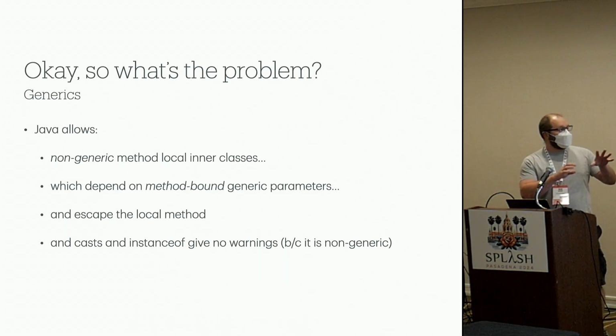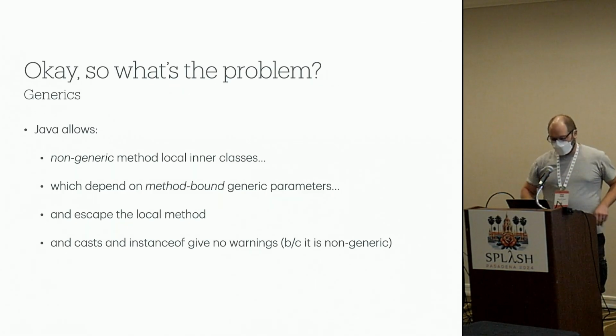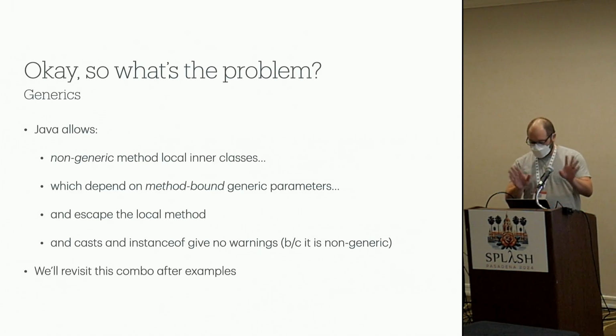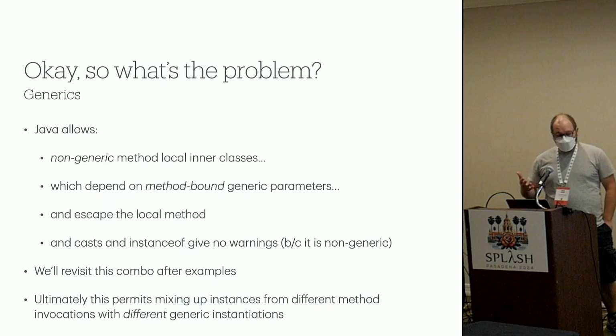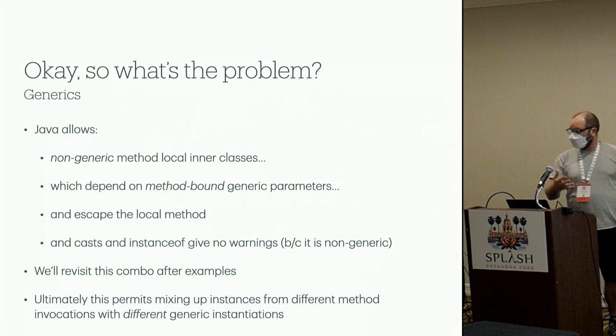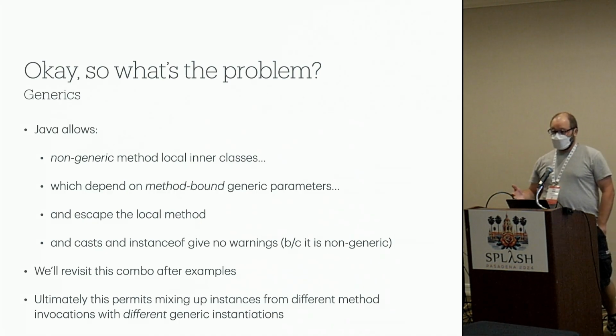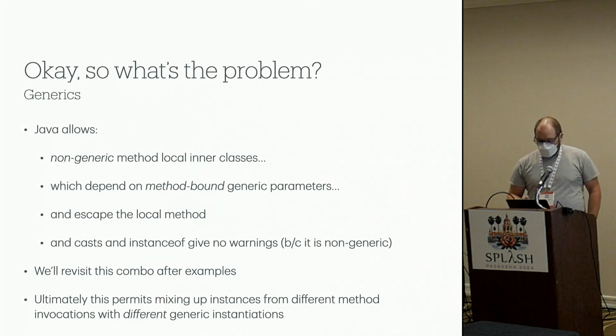So hopefully I've at least convinced you that there's something a little bit interesting here in this possible interaction, but I'm going to do an example. But ultimately what this lets us do is we can mix up instances of this method local inner class from different method invocations that use different generic parameters, and it leads to some confusion.